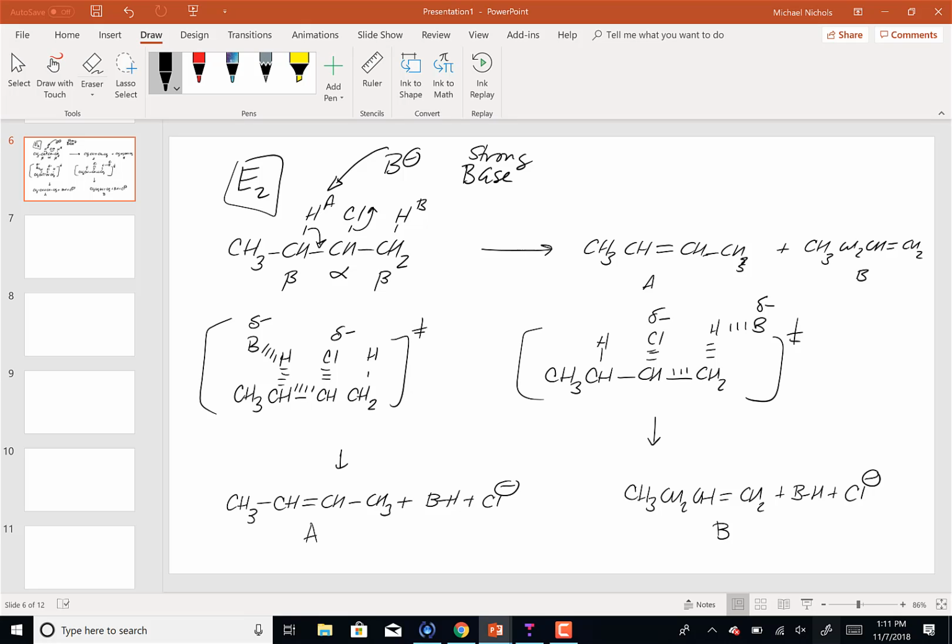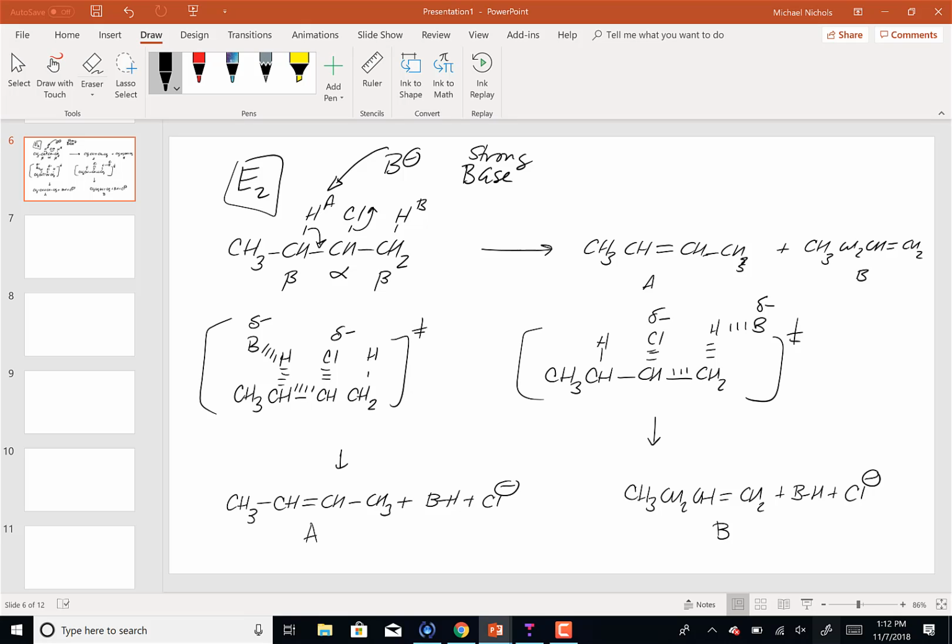So the real difference between E1 and E2 is that E2 has a base that's actively ripping the hydrogen off and starting the process, whereas E1 starts the process by forming the carbocation, which is the same first step as SN1. And so on Monday we said if you have SN1, you're going to also have a little bit of E1. But there are some other differences between E1 and E2 that we're going to get to.